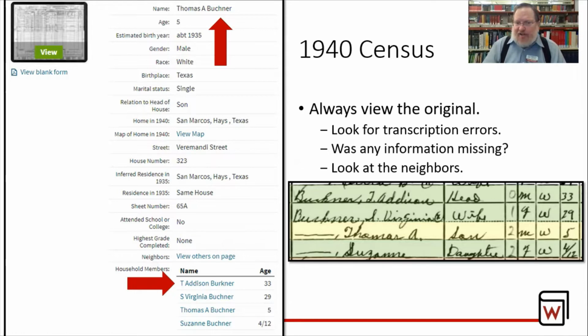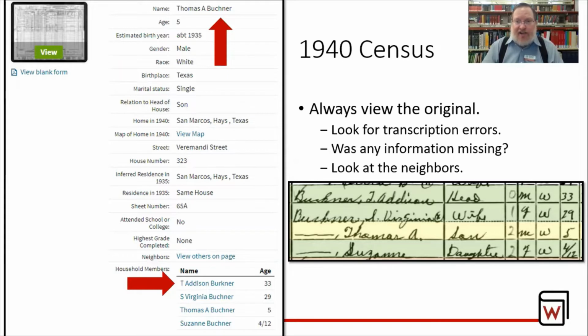That's my grandfather. So we have 2 misspellings of the surname Buckner in the same record. We have B-U-R-K-N-E-R for my grandfather and B-U-C-H-N-E-R for my father and other people in the household. This is just a prime example of the misspellings that you're going to find.